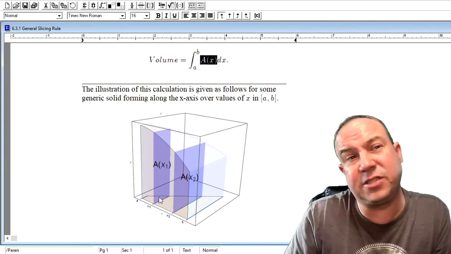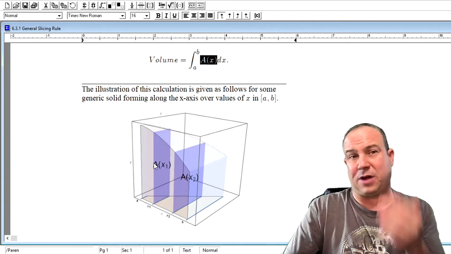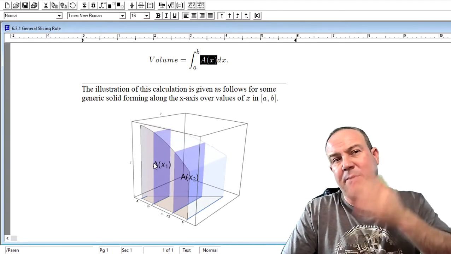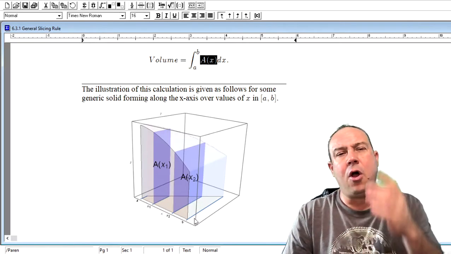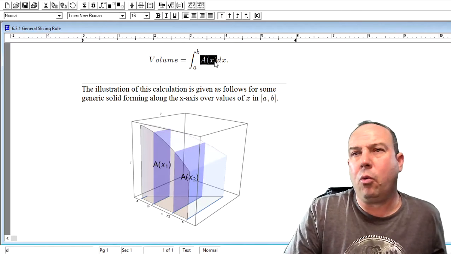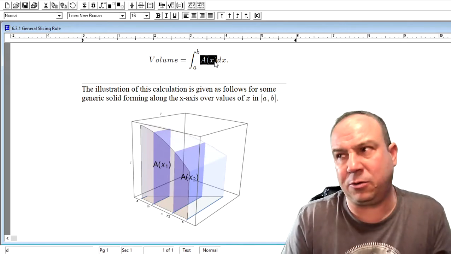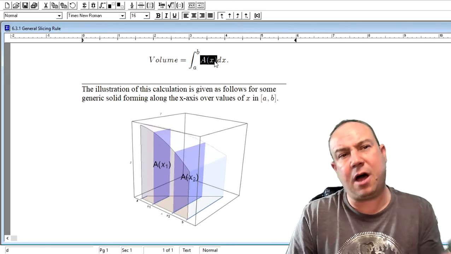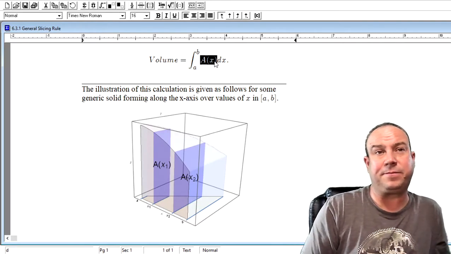So in a sense, there is an infinite number of slices, right? What we really are doing is thinking about having this volume sliced up along the x-axis, where we can figure out, based upon the given information, what is the area of each slice with respect to its location along the solid, right? Along that axis on which the solid is forming.